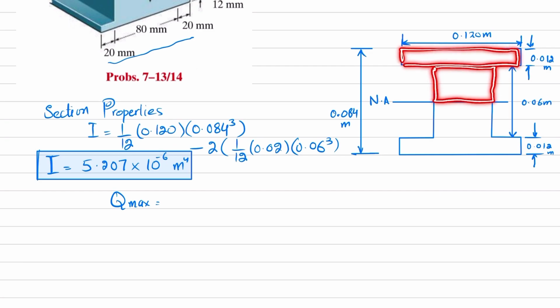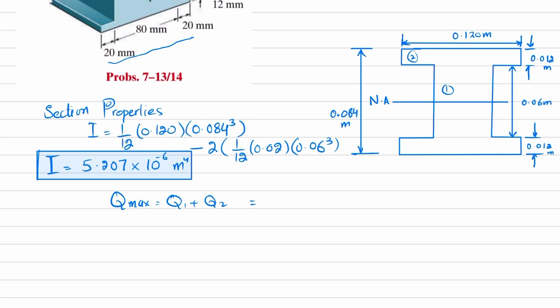We will first find Q1 for the first portion and Q2 for the second, and Q max is equal to Q1 plus Q2. Let this be portion 1 and this portion 2, so that is Y1 dash into A1 plus Y2 dash into A2.